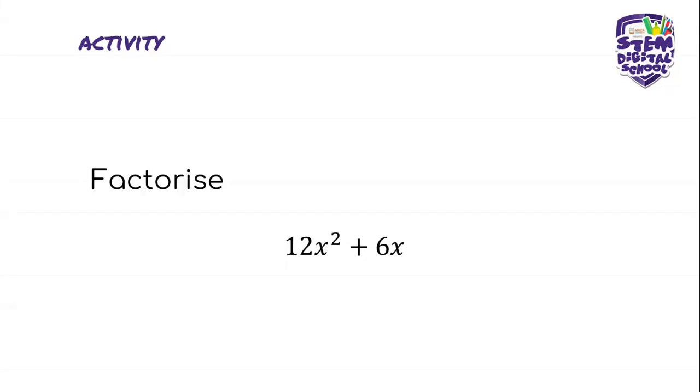So what do you look for when you look for factors? You look at numbers that exist in both terms, and in most cases, they should be divisible by the term itself. So our last one here, or our factorized expression, was 6x into 2x plus 1.